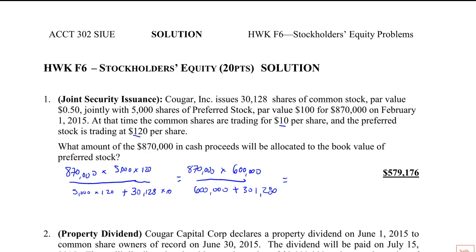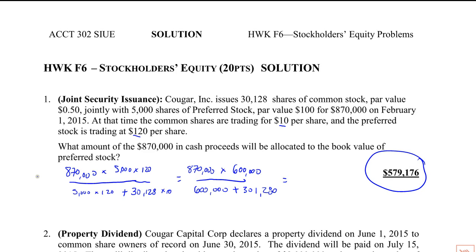So 870,000 times 600,000 divided by 901,280 equals 579,176. All right, so that's the answer to this question.